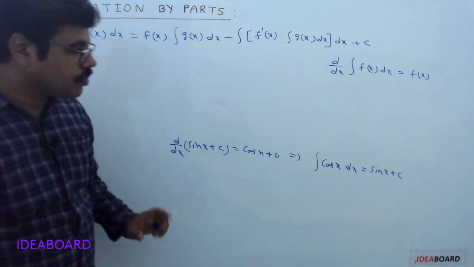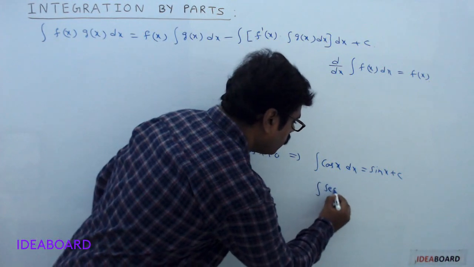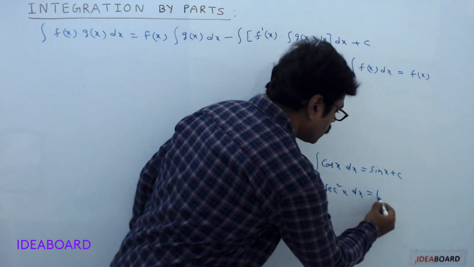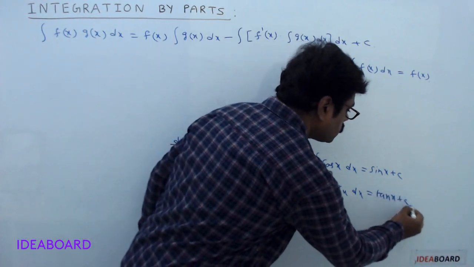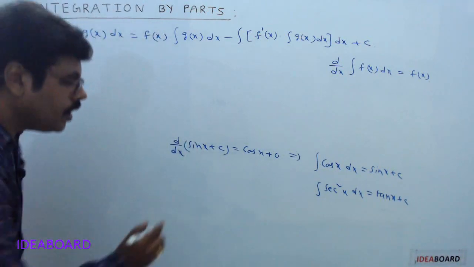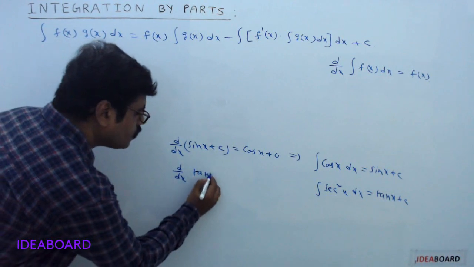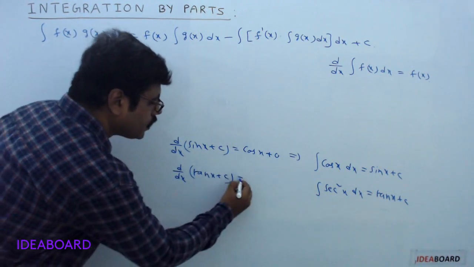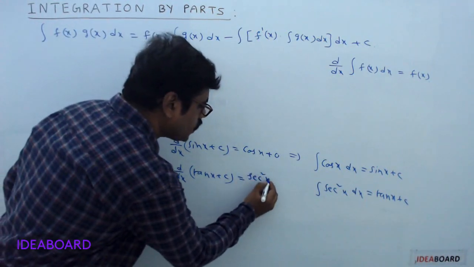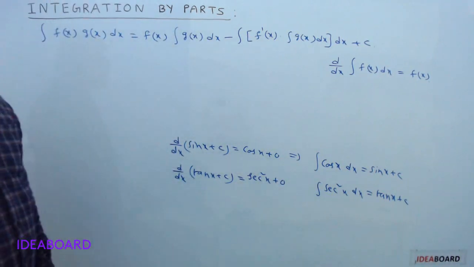Now see one more example. What is the formula of integral secant square x dx? Integral secant square x dx is tan x plus some constant c. How did you get this formula? Derivative of tan x plus some constant c equals secant square x, since derivative of tan x is secant square x, c is the constant term, and its derivative is 0.